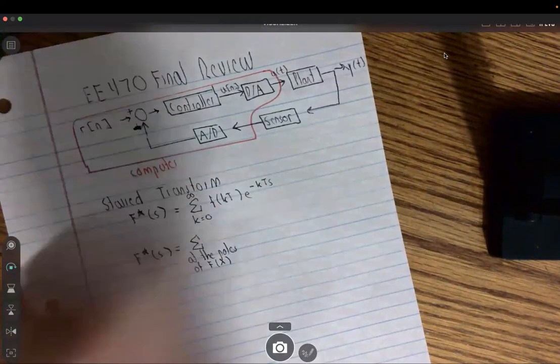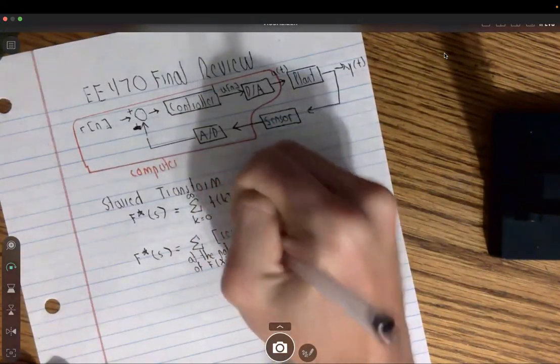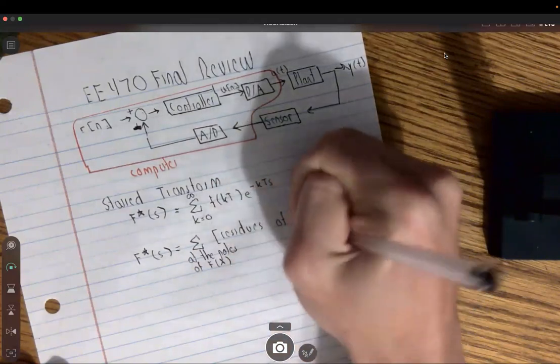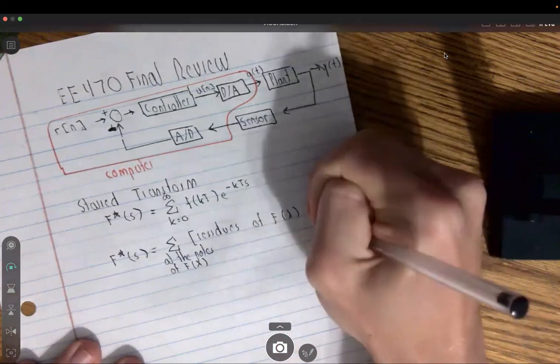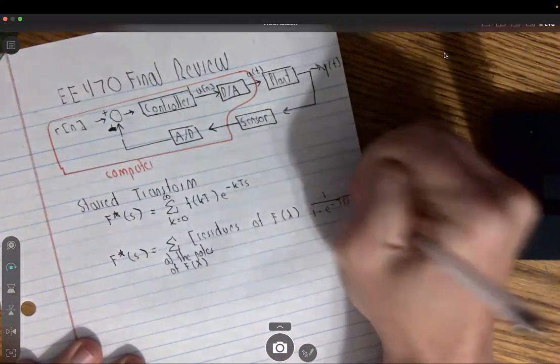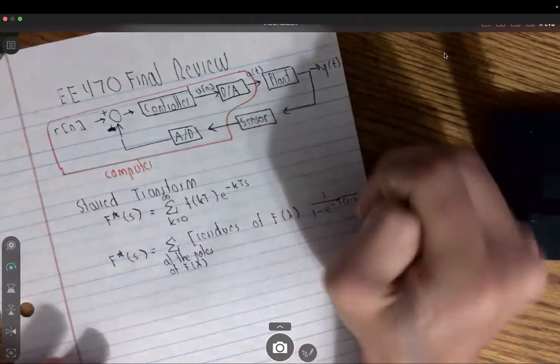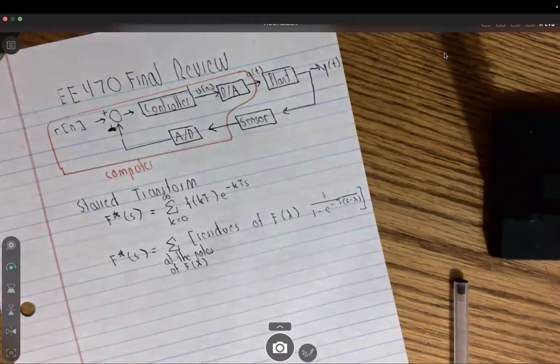You're probably wondering what F lambda is; we'll do an example with it. These are the two ways you can calculate the star transform.